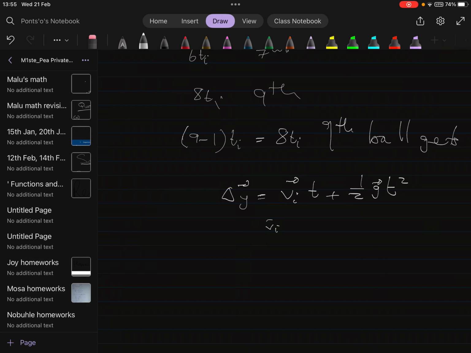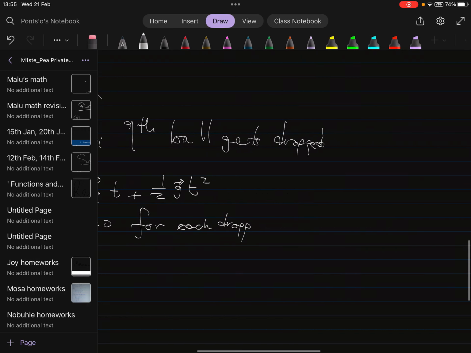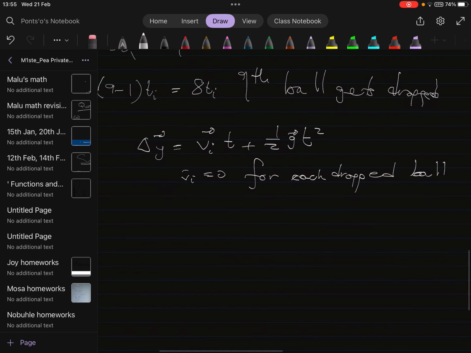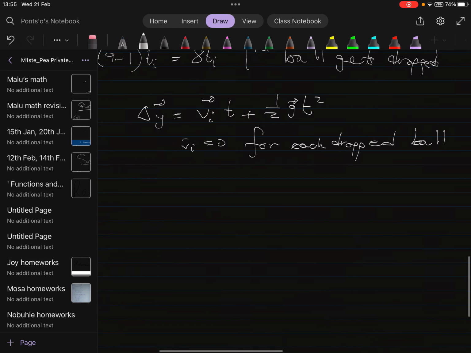Each one of the balls, when it's dropped, has an initial velocity of 0. So that component falls off, and we're left with a half times acceleration due to gravity times the time squared.